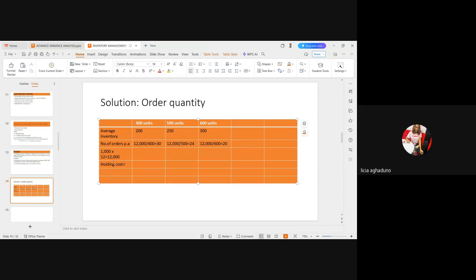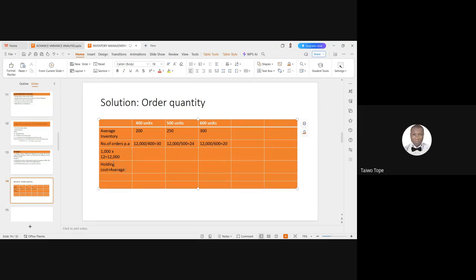Holding cost will give you 576. That's 200 times 2.88. So holding cost, your average inventory, multiplied by what?